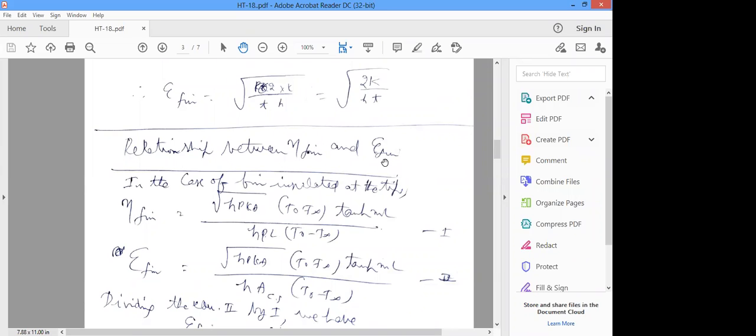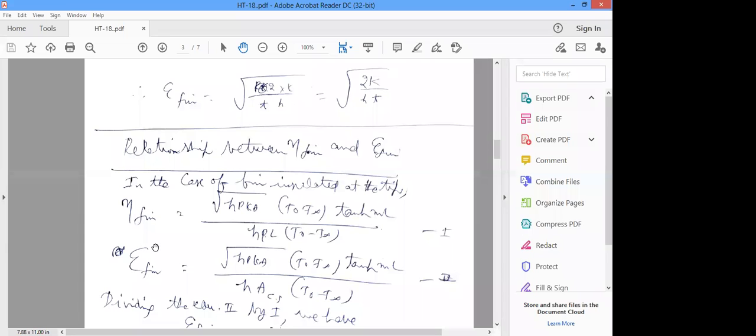In the case of a fin insulated at the tip, efficiency of the fin is equal to square root of HPKA into T naught by T free stream into tan HML divided by HPL into T naught by T free stream. That is equation number 1.